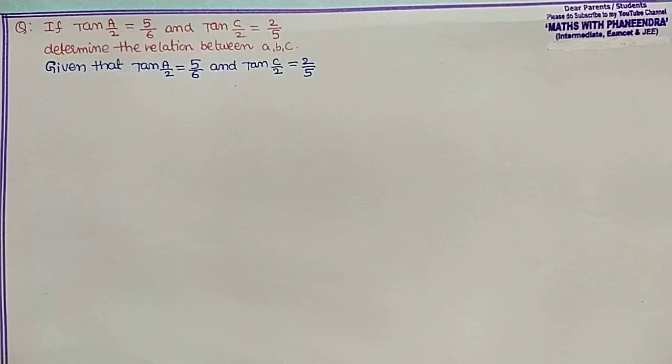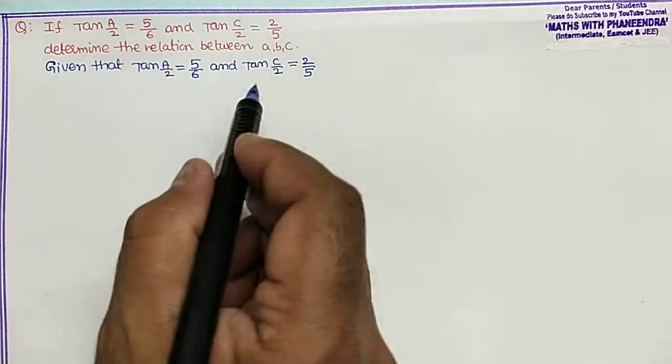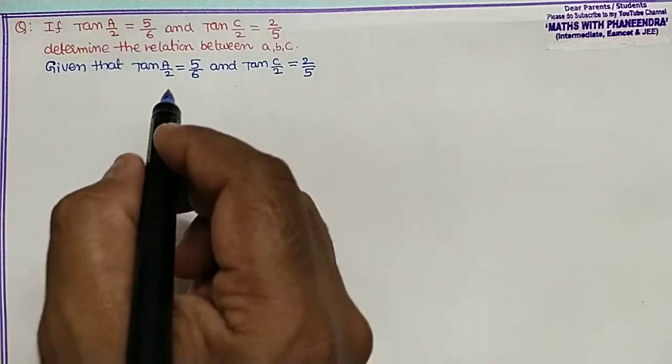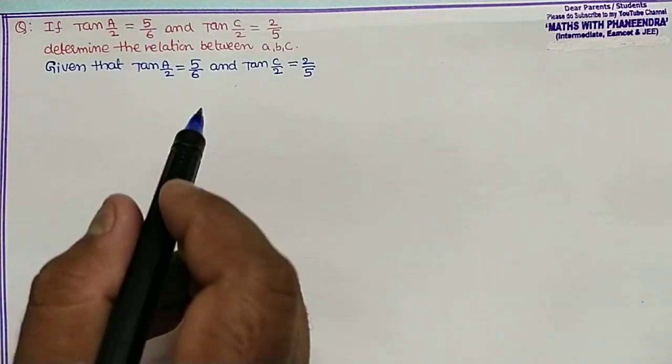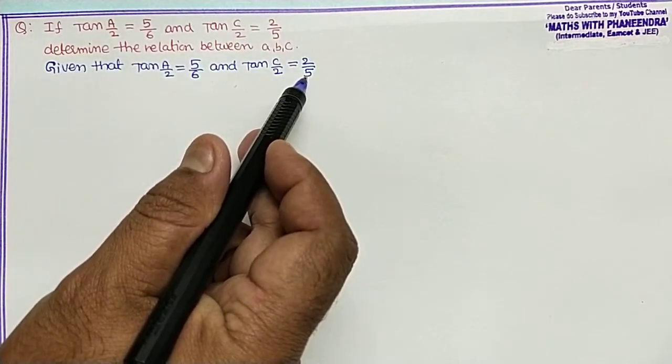After that, write the formulas for tan(A/2) and tan(C/2). See, first what I am going to do is write the formula for tan(A/2) and tan(C/2). After that, you can multiply these two, tan(A/2) into tan(C/2). Why? Because here 5 is there, here also 5 is there, no, in the denominator.